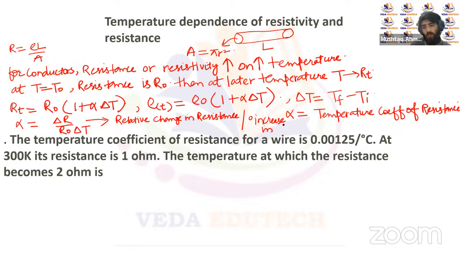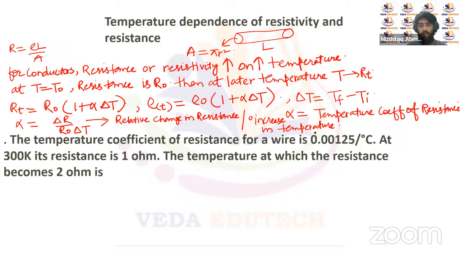It means that for each degree rise in temperature, how much the relative resistance actually changes, that's defined by this temperature coefficient of resistance. It's the relative change in resistance per degree rise in temperature, right? That's what we call the temperature coefficient of resistance.